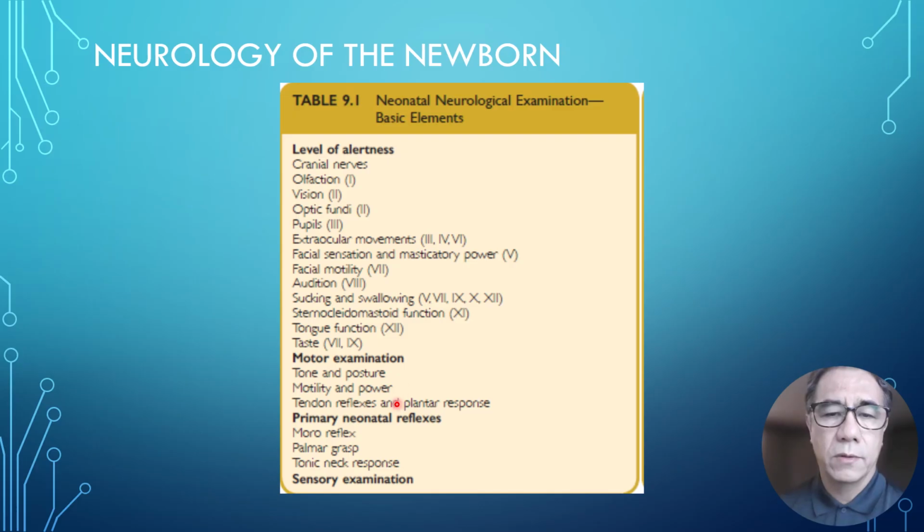And as far as motor exam in the newborn, motility and power is not rated the same way as you would with a 6-year-old. And tone and posture is also different from that of a 6-year-old. And the same is true with reflexes, and most especially these primary neonatal reflexes, the Moro reflex, the palmar grasp, and the tonic neck response.